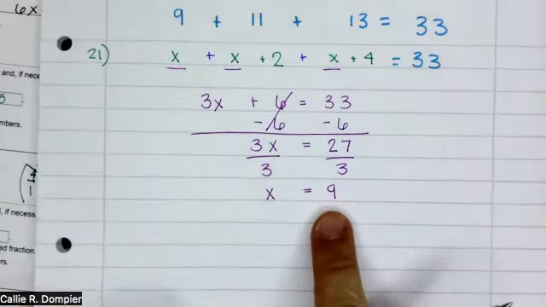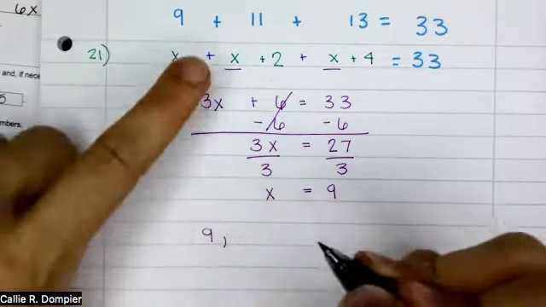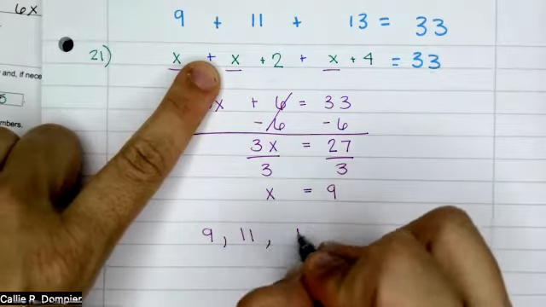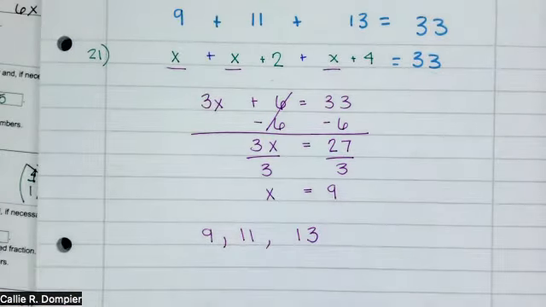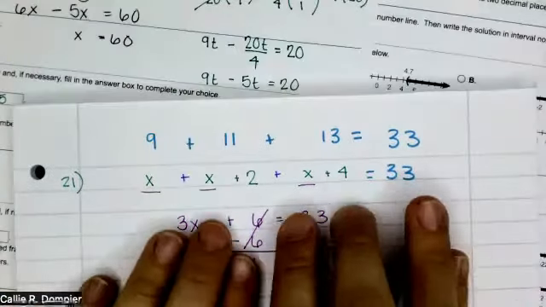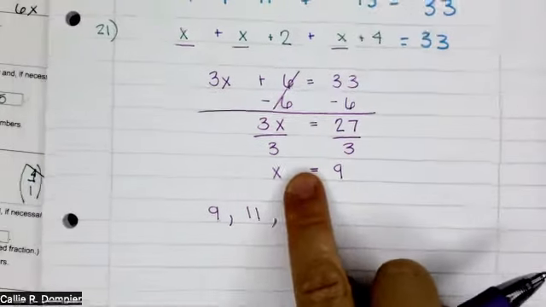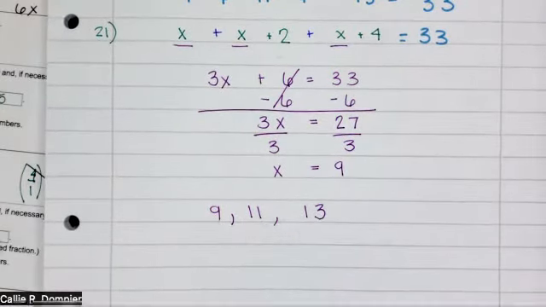Right? So what are the consecutive odd integers? 9. The next one is 9 plus 2. The next one is 9 plus 4. Is that okay? So you have to set up an equation, find x, and then use x to find not only x, but the next 2 numbers, okay?